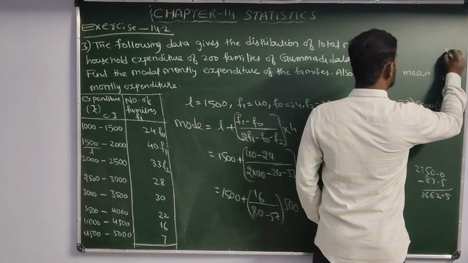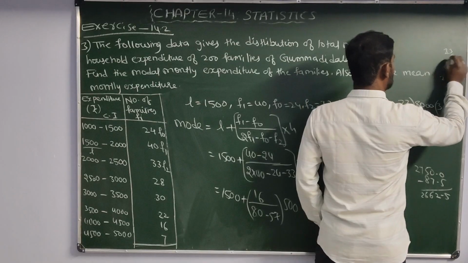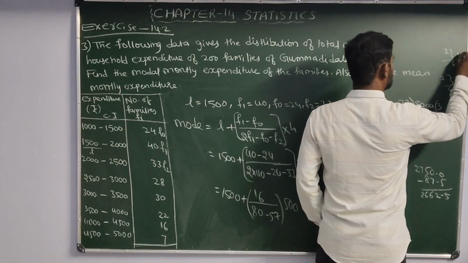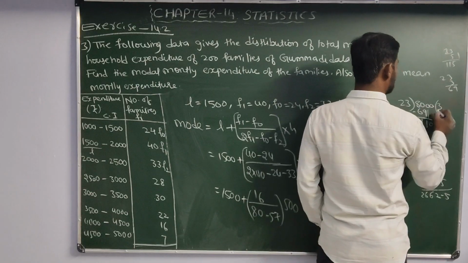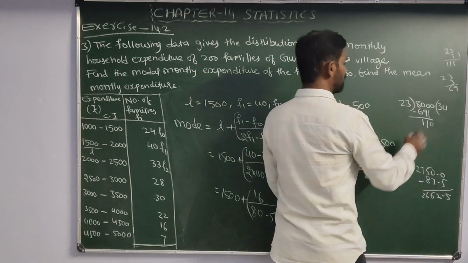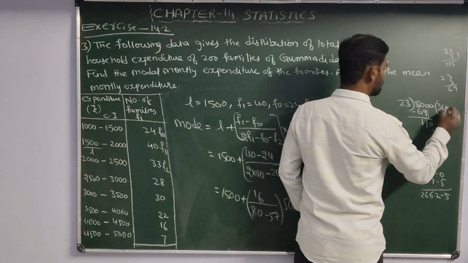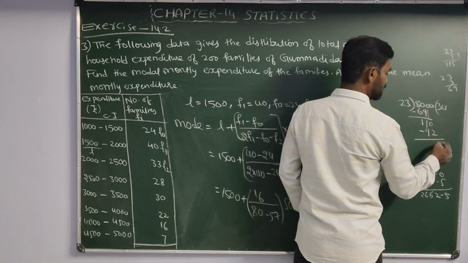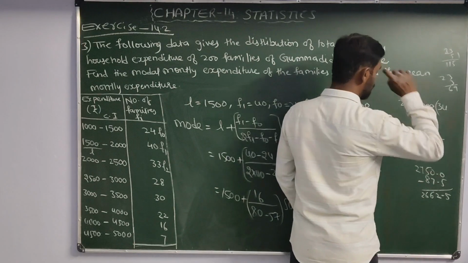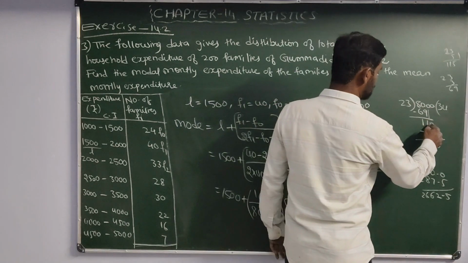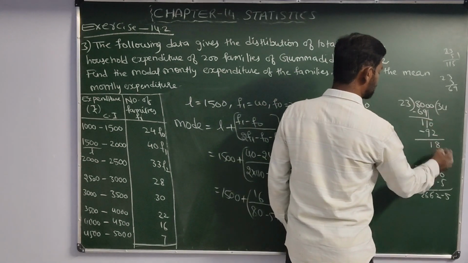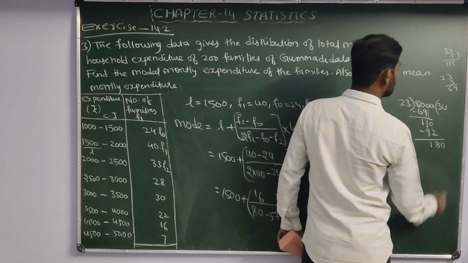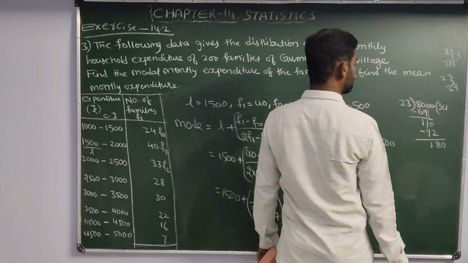Next 23. 5 threes are 15. So it is 115. So better we have to take 4s: 4 threes are 12, 4 twos are 8 plus 1 is 9. So 10 minus 2 it is 8. We borrowed 1 here. Here it is 10. 10 minus 9 is 1. Take one more 0, here it becomes 180.